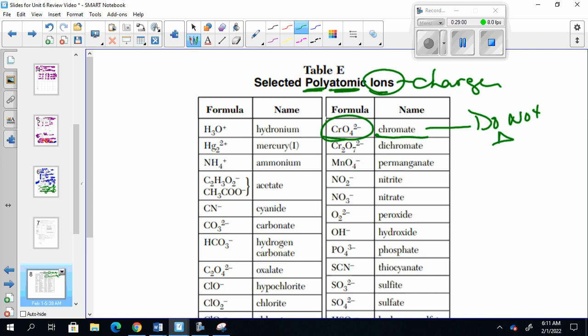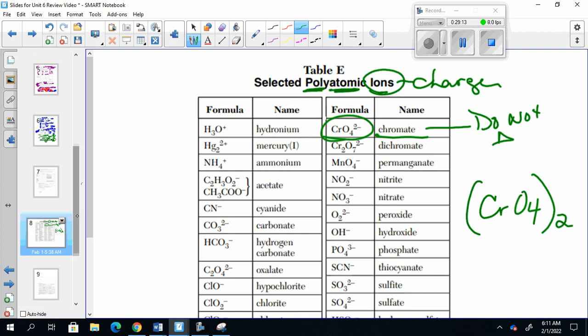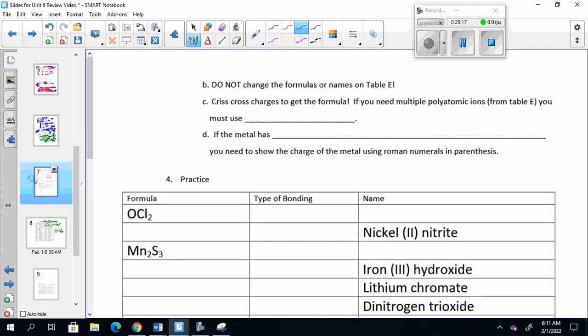You also do not change that formula. If it's CrO4, don't even think about changing that 4. If you need 2 CrO4s, you would just put it in parentheses and say you need 2 of them. But do not change the charge or the number. Okay, there it is. Do not change the formulas or names on table E.